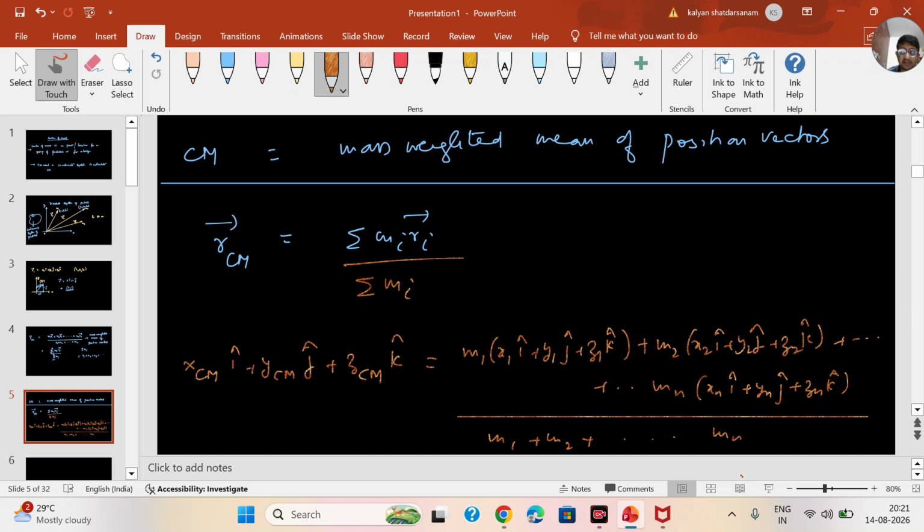So each of these positions for every particle I split into components: X component, Y component, Z component, or you could write them as coordinates also, it doesn't matter.